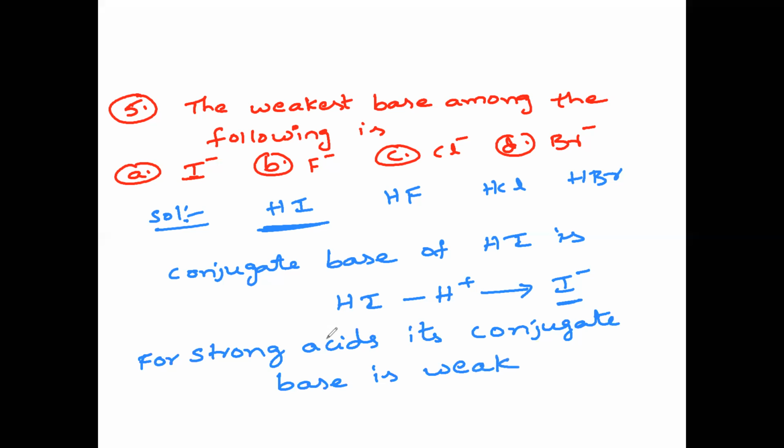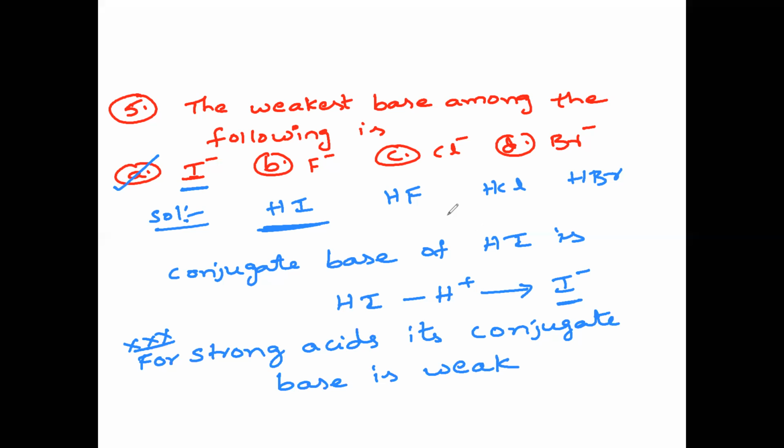So this statement is very important. For strong acids, its conjugate base is weak. So 100% the answer is option A, that is I minus. Because hydrogen iodide is the strongest acid and its conjugate base becomes I minus.